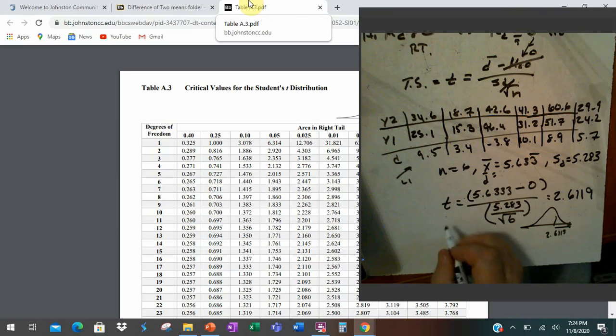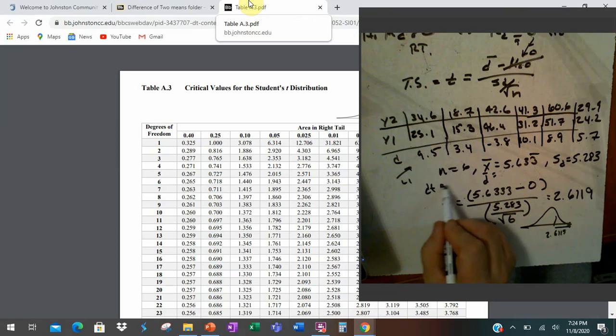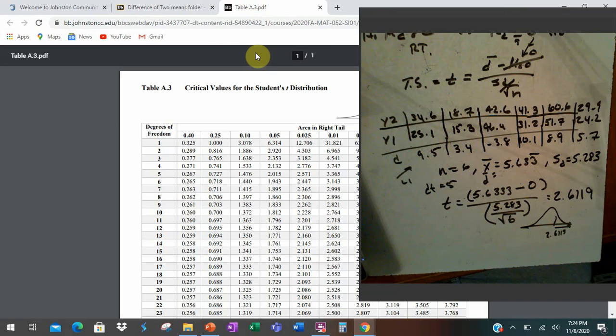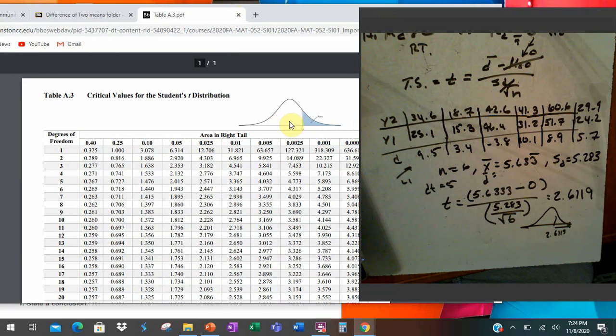My degrees of freedom is 5, and I'm going to go over here. This happened to align with my right tail. If it was left tail, I would do the very same thing, but I would do a negative number, the positive version.